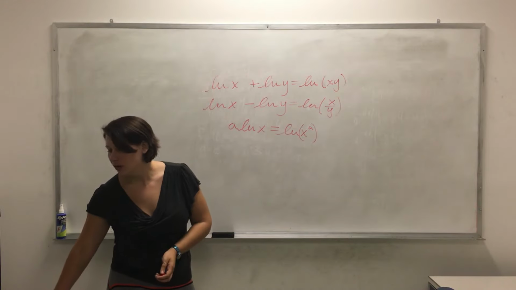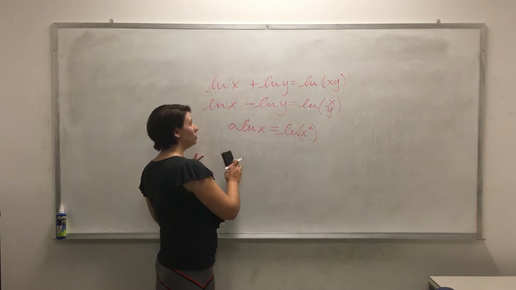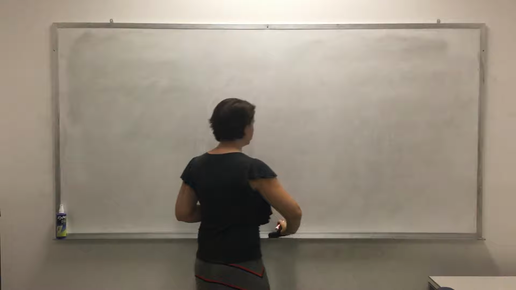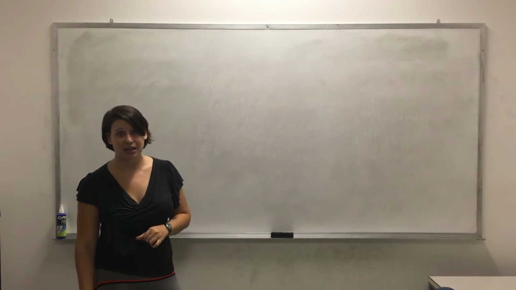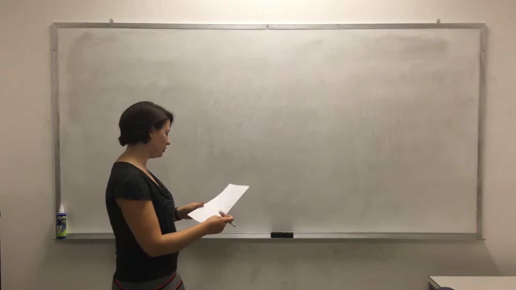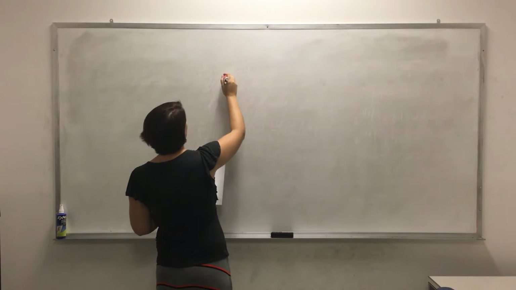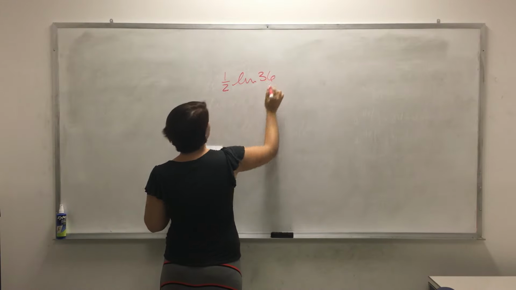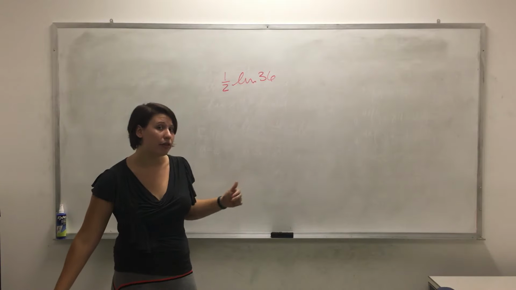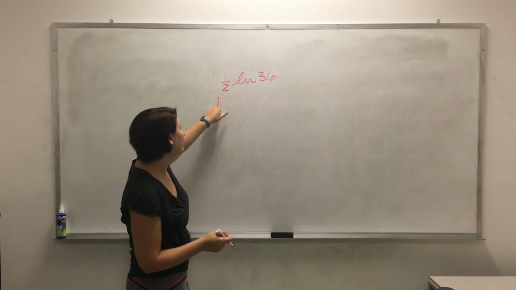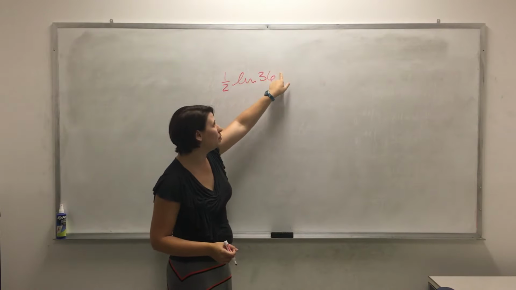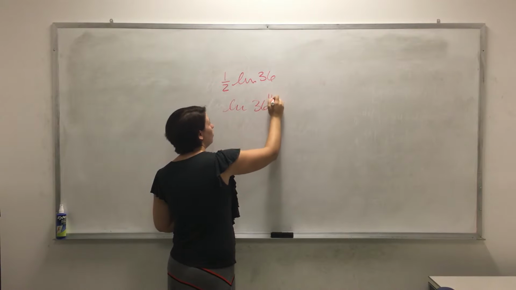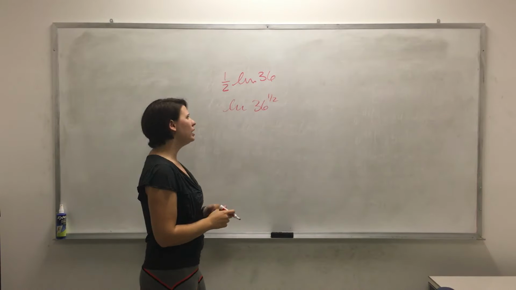Using these rules in problems, we can generally simplify just like we did in 4.1 with the exponentials. Say we have 1/2 of the natural log of 36. That is that third rule that we learned just now. The coefficient can be moved up to be a power. So we have the natural log of 36 to the 1/2 power. We can do more with this.